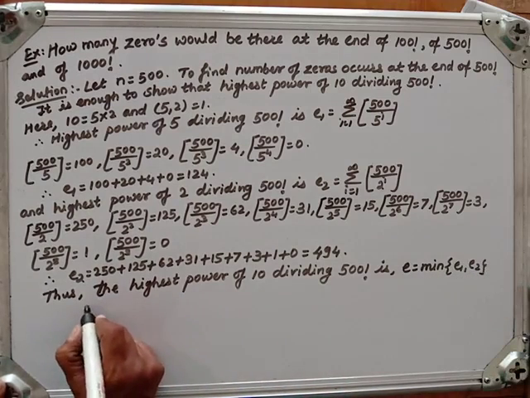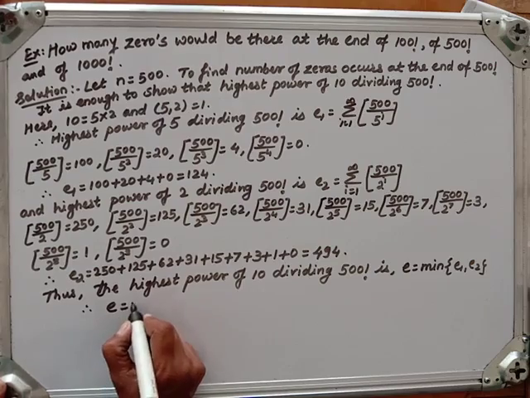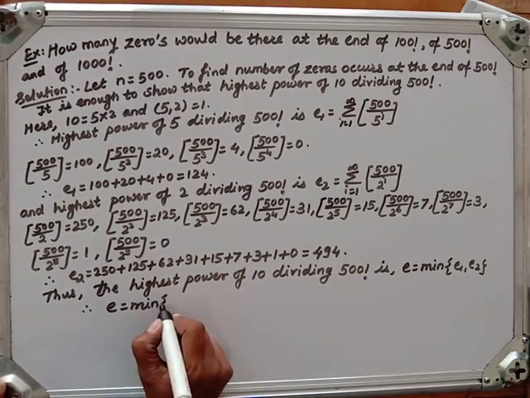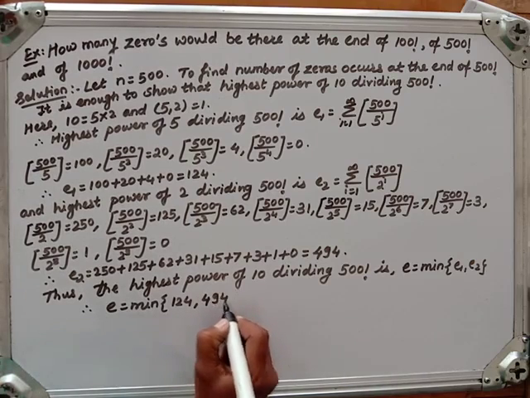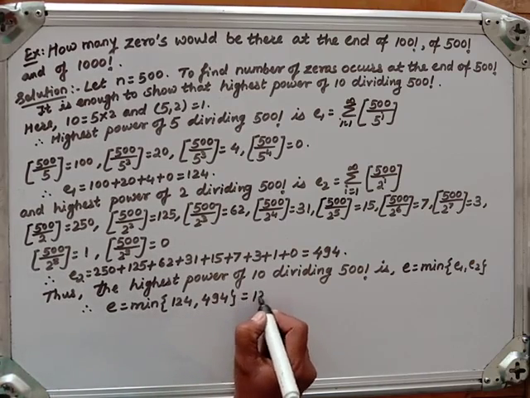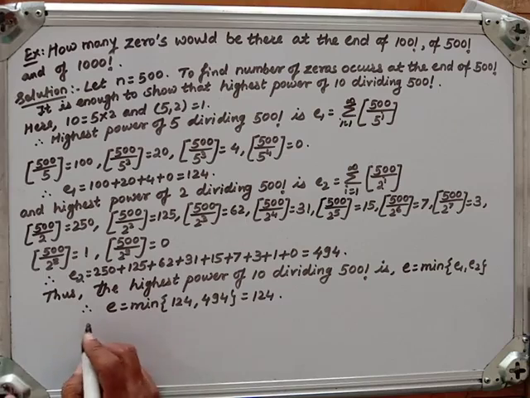That is E equal to minimum of 124 and 494, and that is nothing but 124.